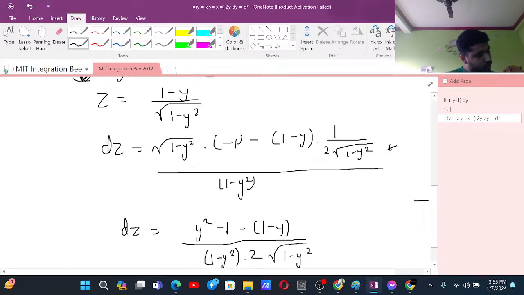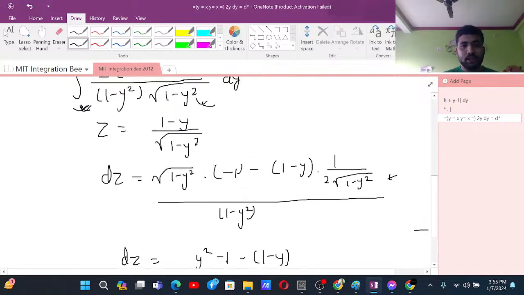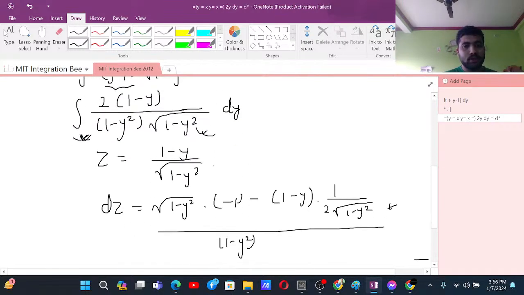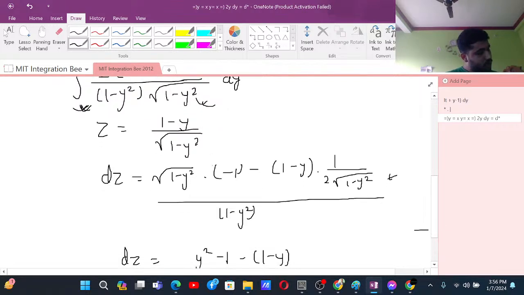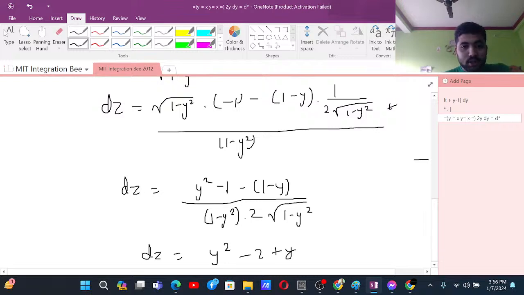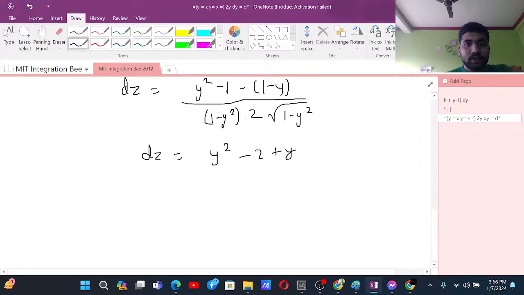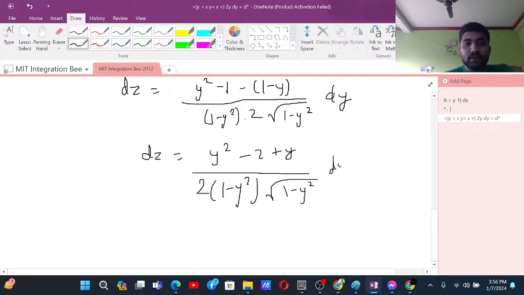So we have 1 minus y equal to y square, and then y square minus 1. Yeah, I guess that it is. Fine, let's go. I think this will be solved. But basically, the minus 2 could have been cancelled. So 2, here's dy, 2 1 minus y square, root under 1 minus y square dy.